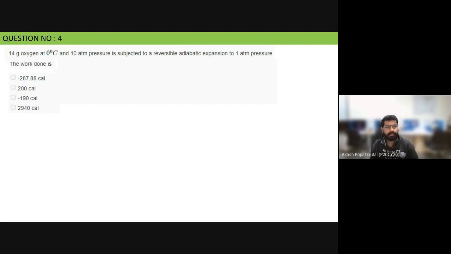So the next question is: suppose 14 gram of oxygen at 0 degrees Celsius and 10 atm pressure is subjected to a reversible adiabatic expansion to 1 atm pressure. The work done is.